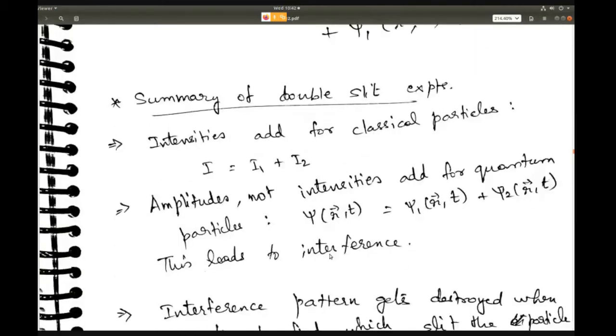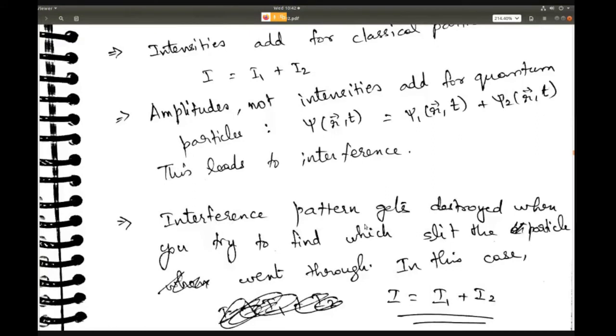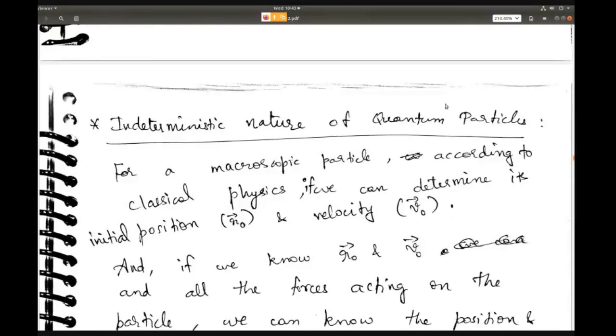And this leads to interference. In the case of a quantum particle, the interference pattern gets destroyed when you try to find which slit the particle is passing through, and you again get back I equal to I1 plus I2. But if you don't watch the electron pass through the slit, then you retain the interference pattern.